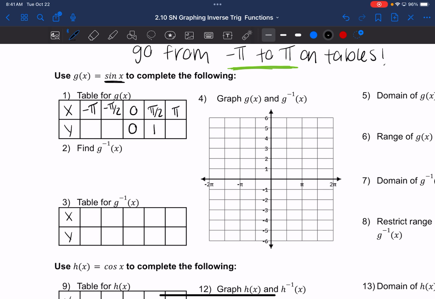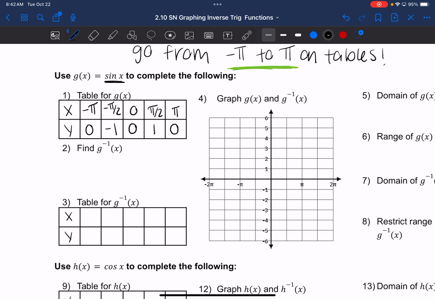And then when I get to pi, I go back down to 0, right? And then the other side should continue our pattern, right? So I went 0, 1, 0. Then at negative pi halves, I would be at my minimum, which would be -1. And then when I'm back at negative pi, I'd be back at 0. Okay? So you're just going to go plot those points on your graph.